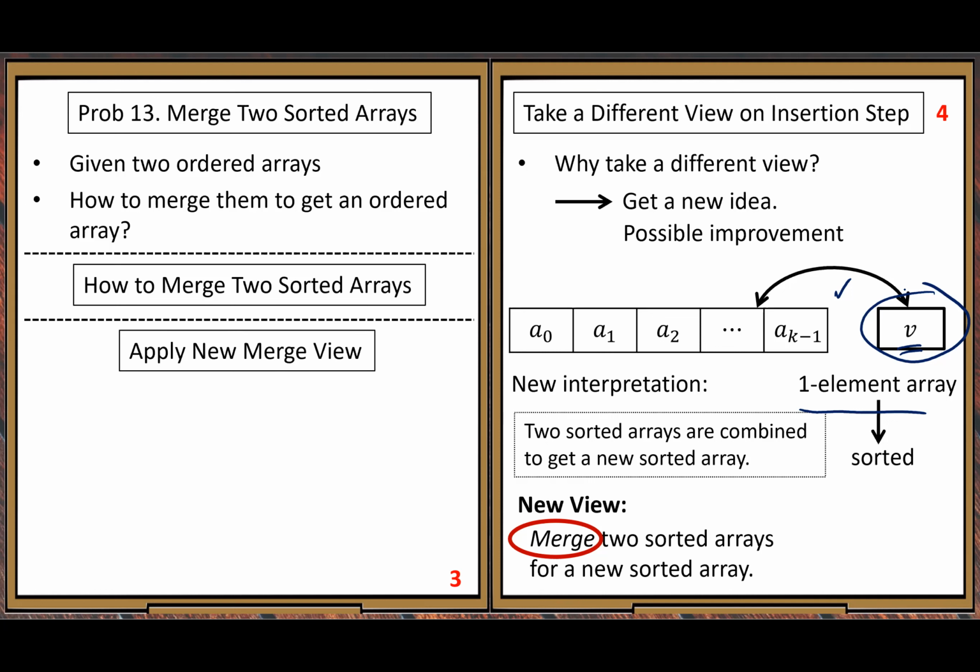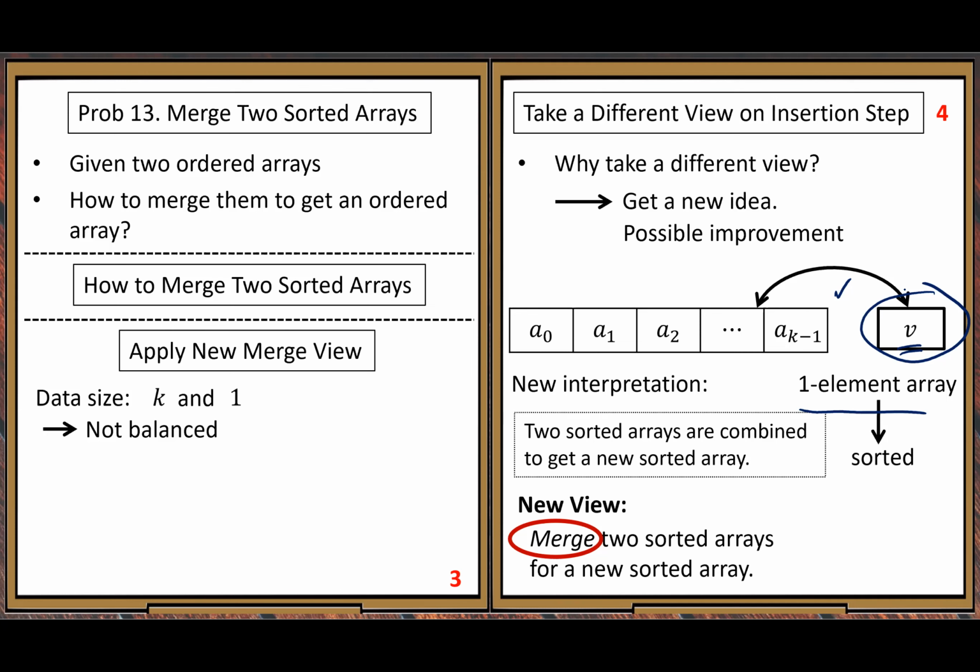So let us apply the new merge view. In the new merge view, for the insertion operation, we merge two subarrays with data sizes k and 1. It's not balanced, because the difference is big, and the data distribution is not balanced.